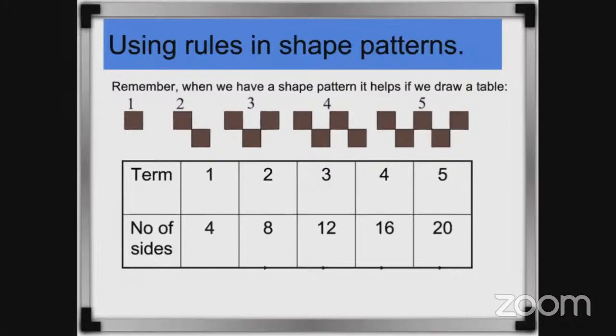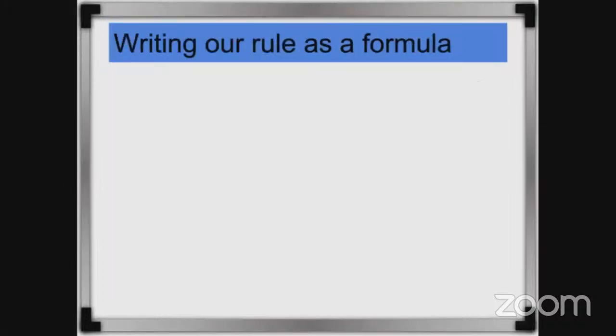So here we go to another way in which we can look at how we identify patterns and use it to see what comes next. The rule is that we add 4 to the previous term. If you look at the table here, you'd have looked at the number of sides.